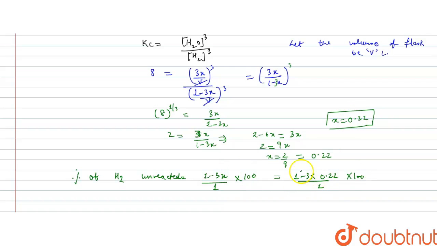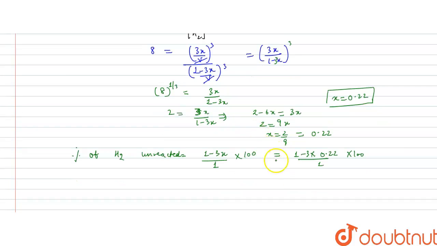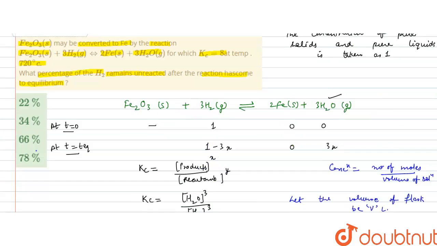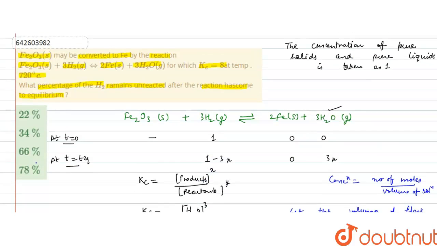So this will give us 1 minus 0.66, which equals 0.34. So 0.34 into 100 is 34%. It means the percent of hydrogen which is unreacted is 34%. So the correct option for this question is option B, that 34% of hydrogen remains unreacted when equilibrium is attained.